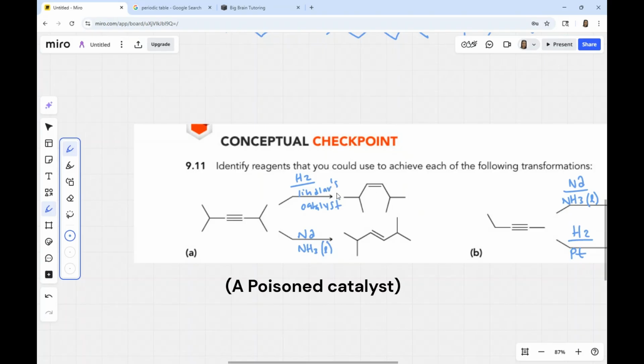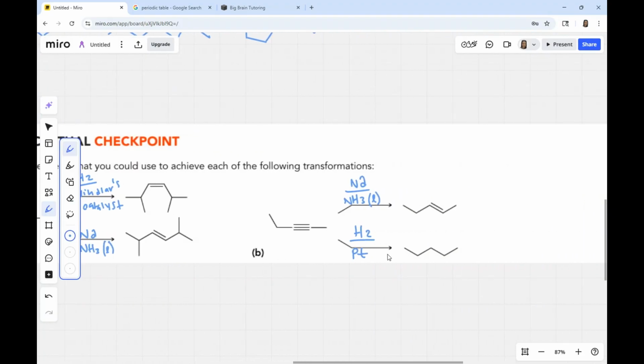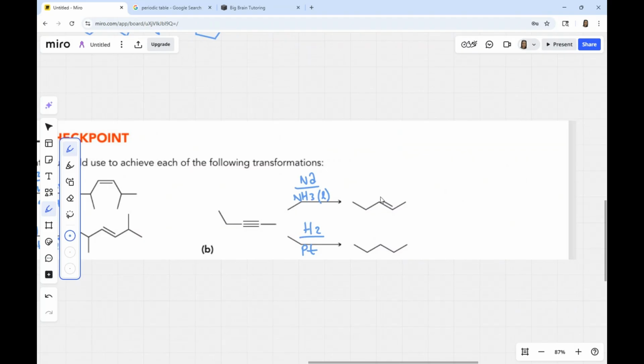to a cis alkene, and we know we're going to need a catalyst to stop at that alkene, at the double bond. Same thing here. We look at the product, we see that it's a trans alkene, and we know that this reagent here will give us the trans alkene. And then if we go here, we have our trans alkene. We know this is the reagent that will go from an alkyne to a trans alkene.